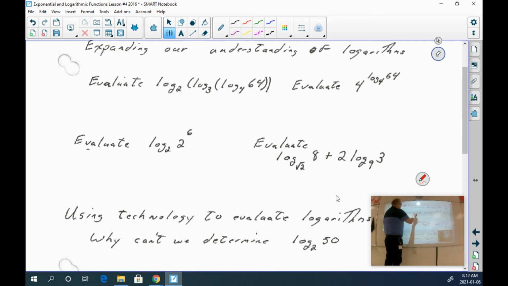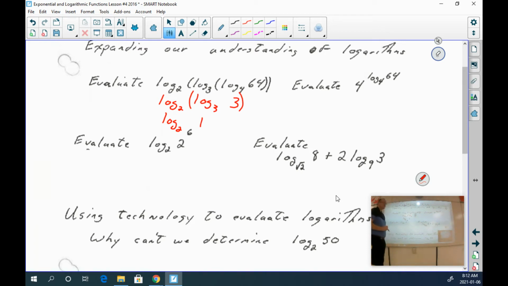We can figure out what power of 4 gets me to 64. That's 3. Now, we've got this guy. What power of 3 gets me to 3? That's 1. What power of 2 gets me to 1? That's 0.